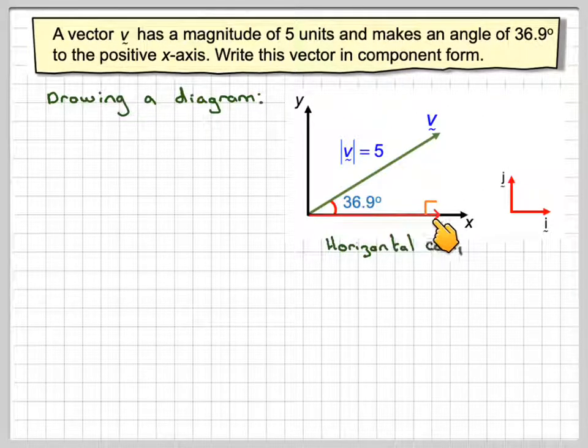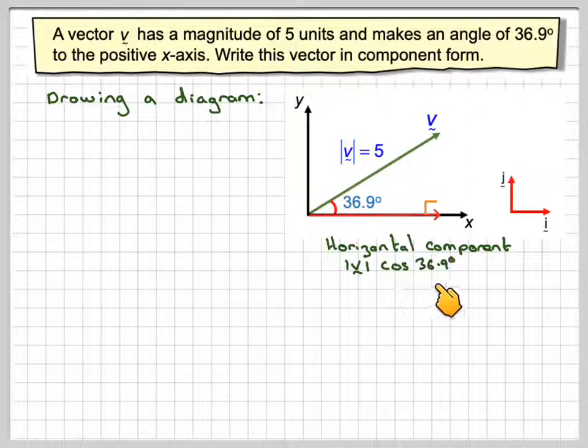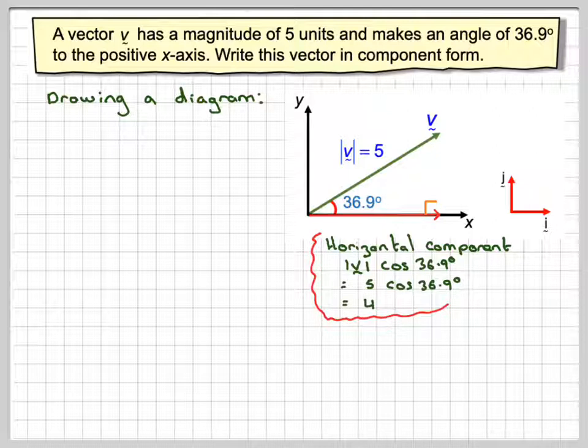So the horizontal component is here, and using a little bit of trigonometry, using this right angled triangle, we can say that the magnitude of v times the cos of this angle 36.9, which is 5 times the cos of 36.9, gives me 4, is what's known as the horizontal component.